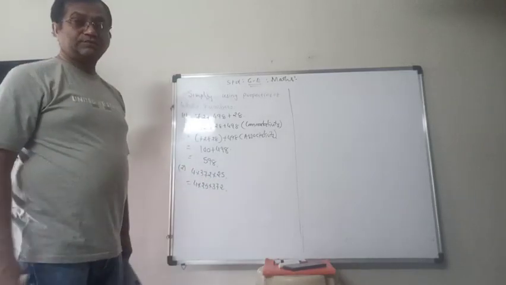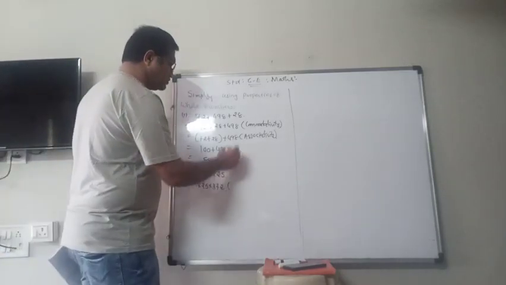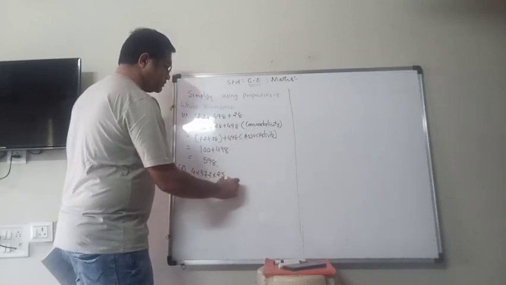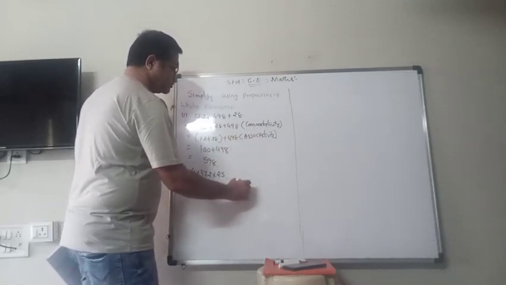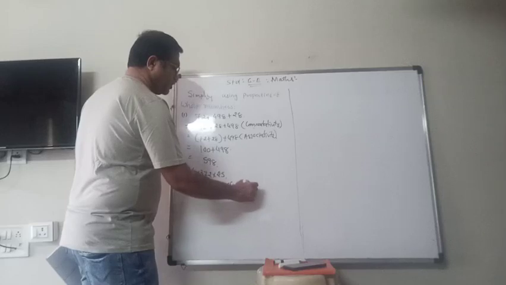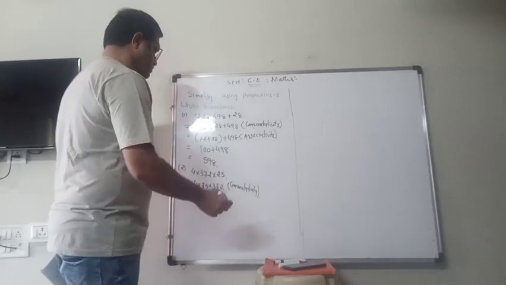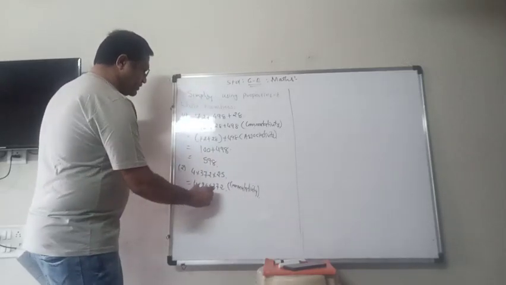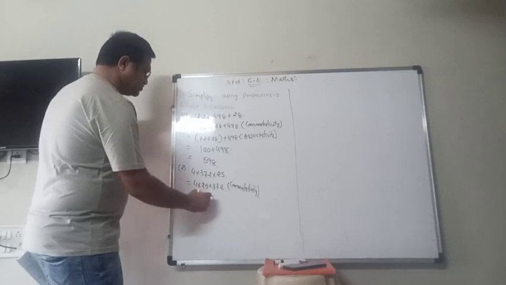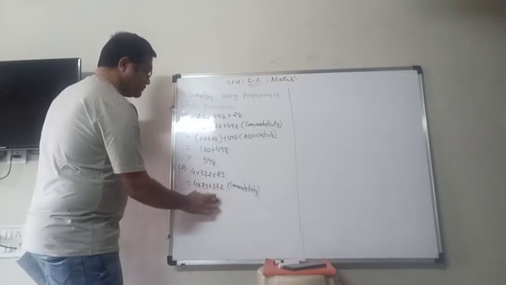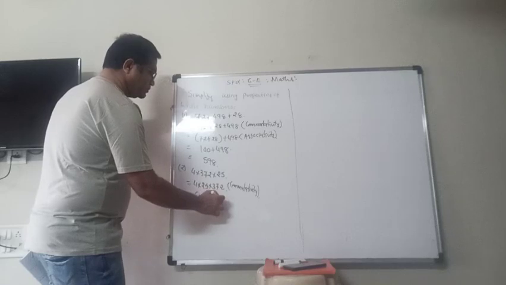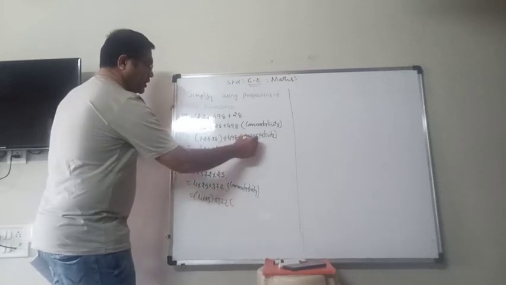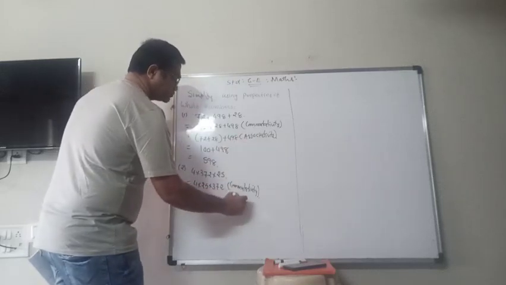Here also we use commutativity or commutative property. Then we are making the association, that is grouping. So associativity.